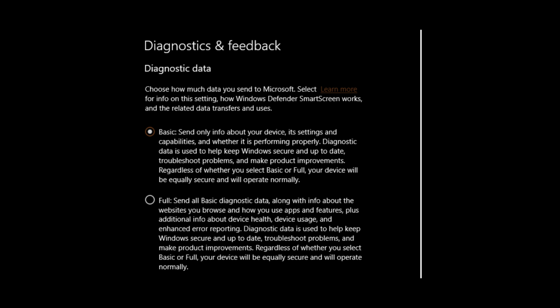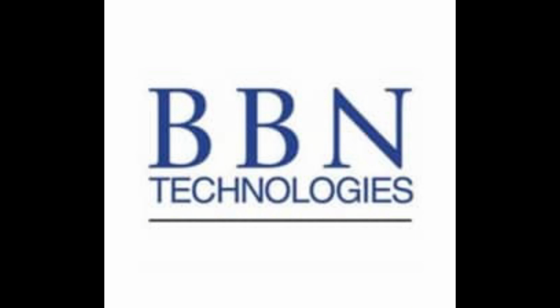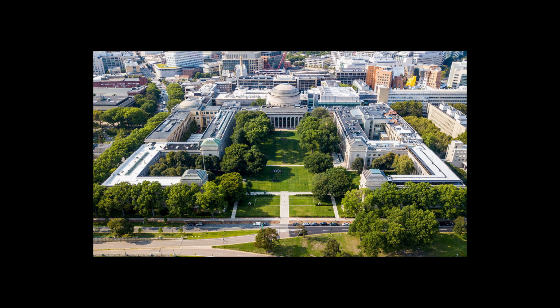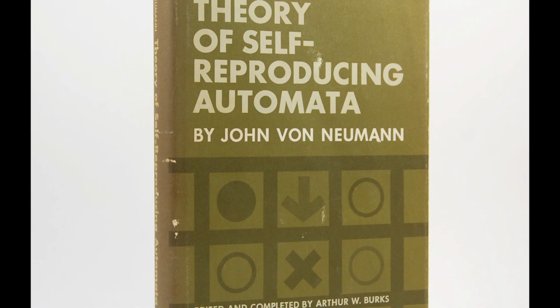A computer virus is actually quite an old concept. The Creeper is widely accepted as the first computer virus. In 1971, Bob Thomas, working at the time at BBN Technologies, an American research and development company based in Massachusetts, wrote an experimental self-replicating program known as the Creeper system to test mathematician John von Neumann's theory of self-replicating automata, an article published in 1966 about a concept of specialized computers that could build copies of themselves.